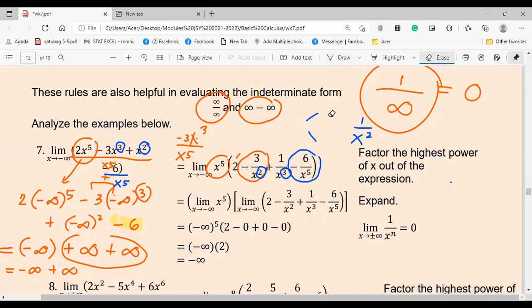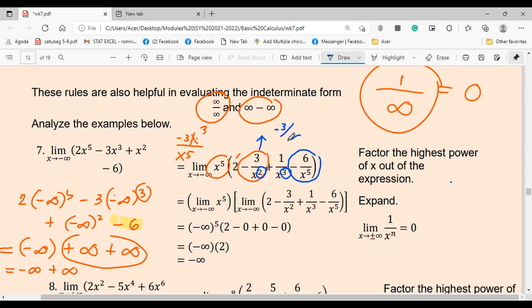Now, the rule tells us that all those that are fractions in form will become 0, provided that the denominator keeps on increasing without bound or decreasing. Then you'll see here, this will become negative 3 over positive infinity.